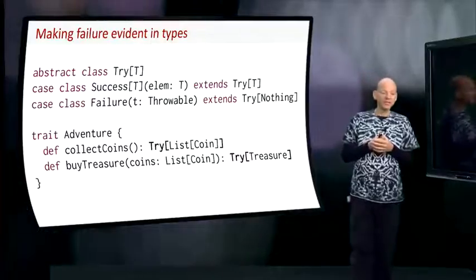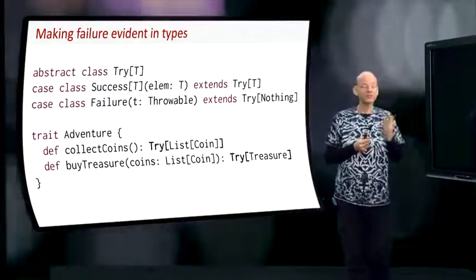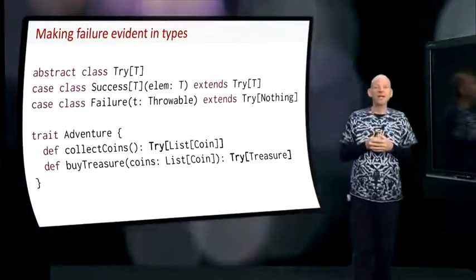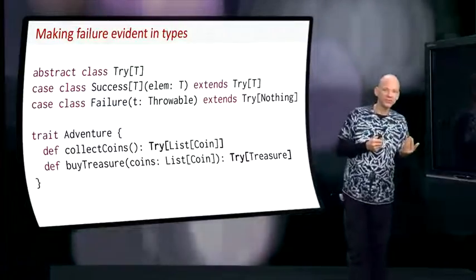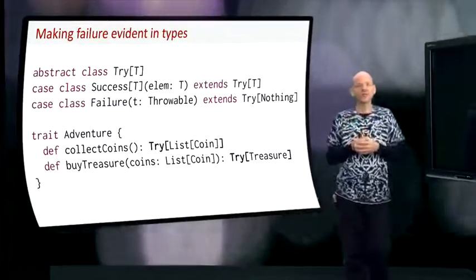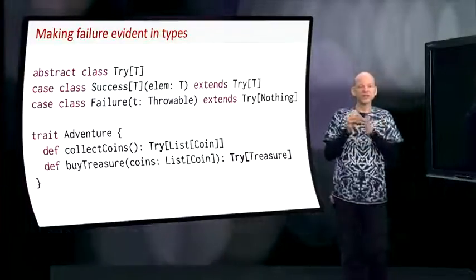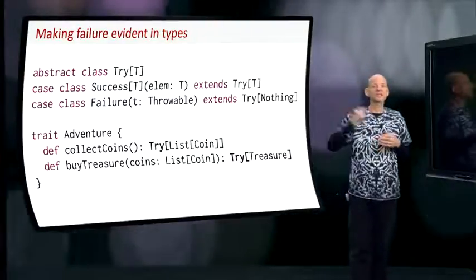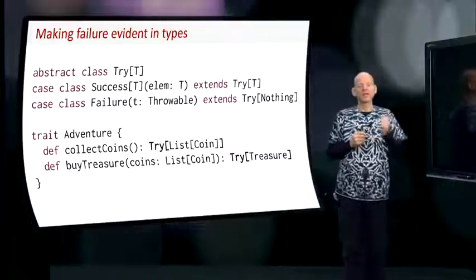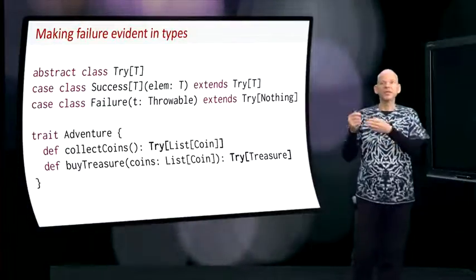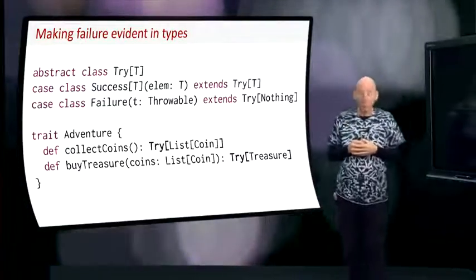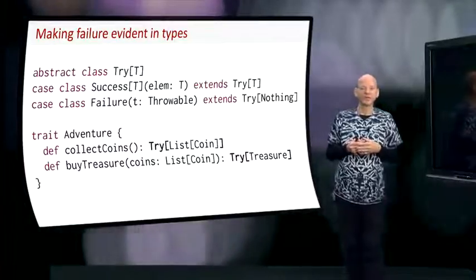So if you look at the class Try, it's an abstract class with two subtypes, and there's one case for success and the other case for failure. So you see there the two case classes. Success takes a value of type t and extends Try of t, and the class Failure takes an exception and also extends Try of t.